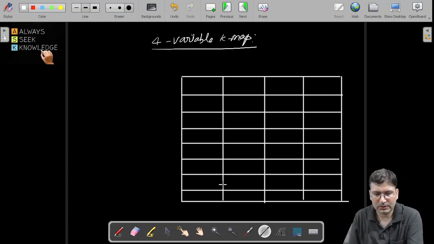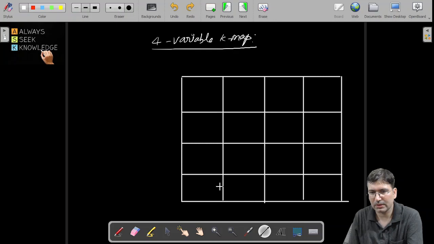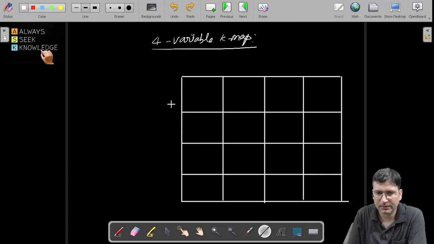It is, I think, more than 16. So okay, these are only 4 cross 4, right? 16 cells for 4 variable. We do not need to divide it further.